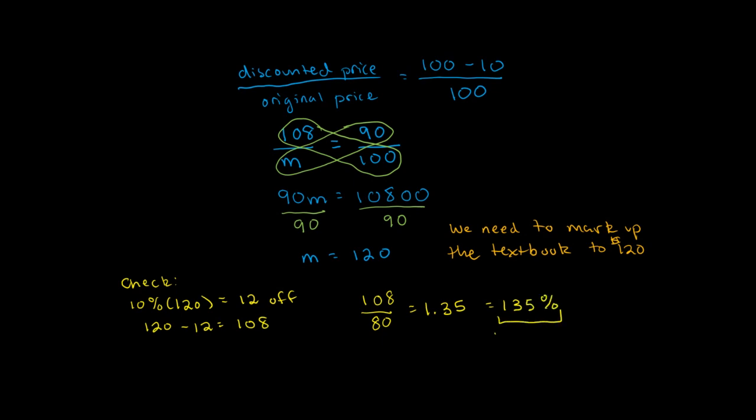That's indicating to us that we make back the 100% of the 80 plus an extra 35% profit. That's essentially what that is saying. So you can double check your math afterwards by going in the proper order and making sure that your numbers are working out the way they're supposed to, and that you end up with something that is 135% of what we bought it at, which is the profit we want to make.